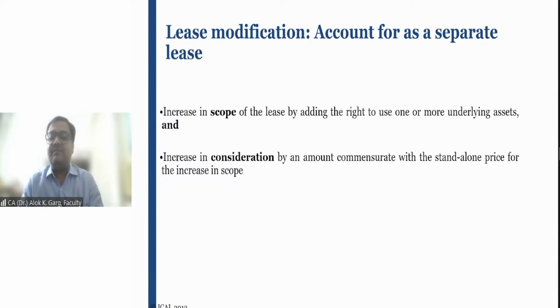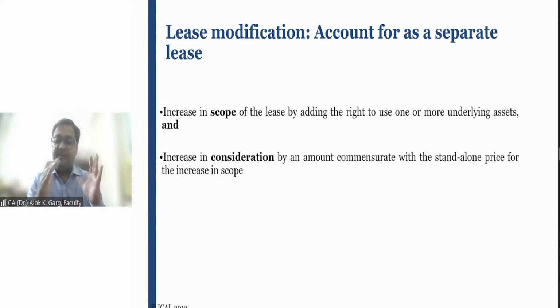So the lessee is paying a lease rental of 5 lakh rupees. Now the lessee is acquiring an additional space of 5,000 square feet. For the same 5,000 square feet, the lessee is again getting it at 50 rupees per square feet, so this is 2,50,000 rupees.